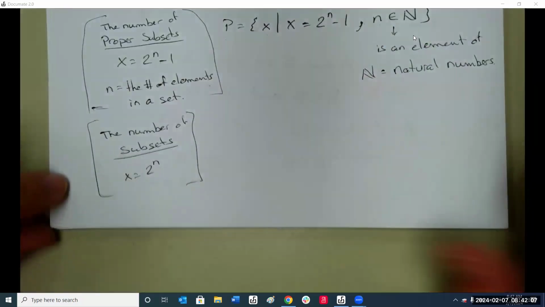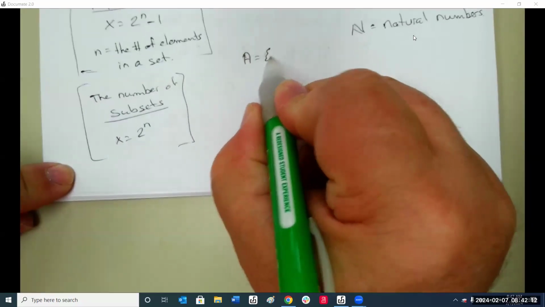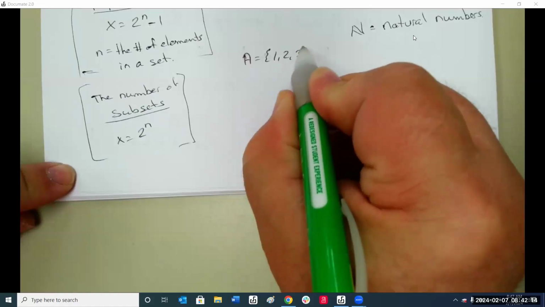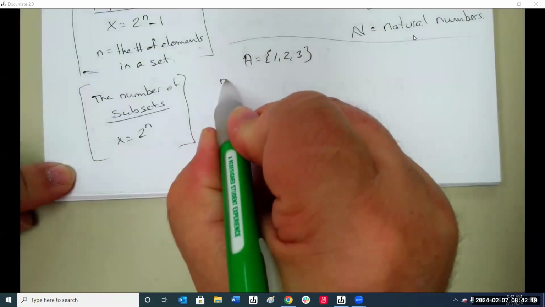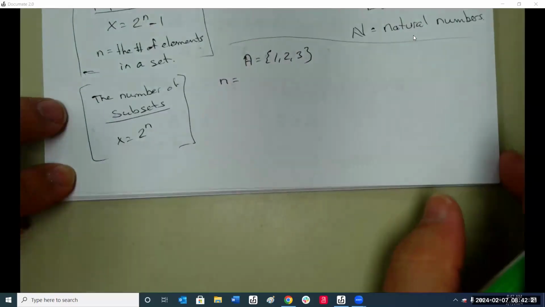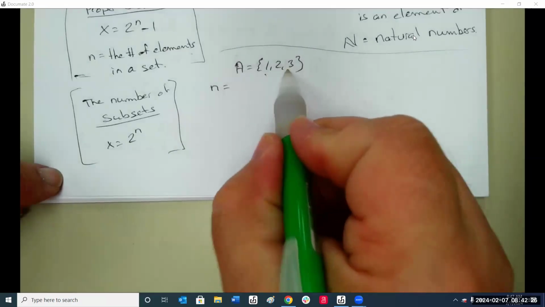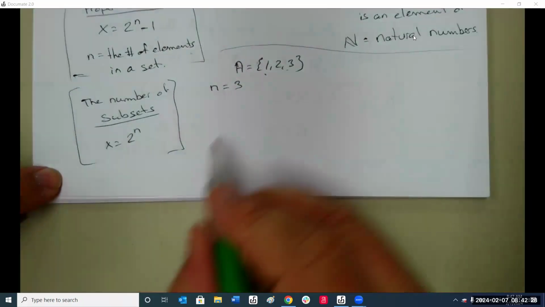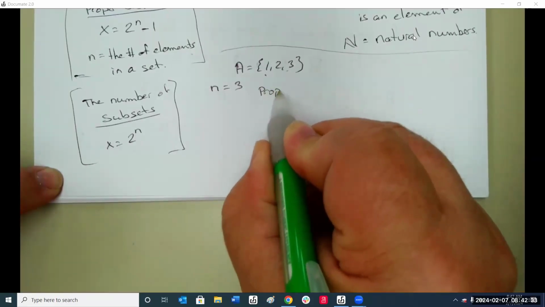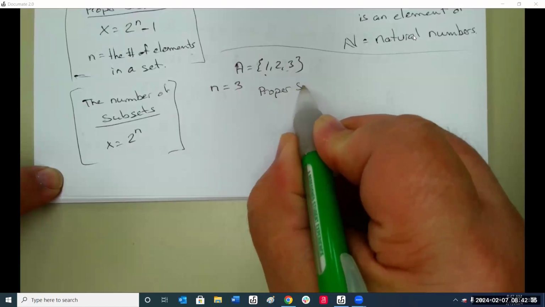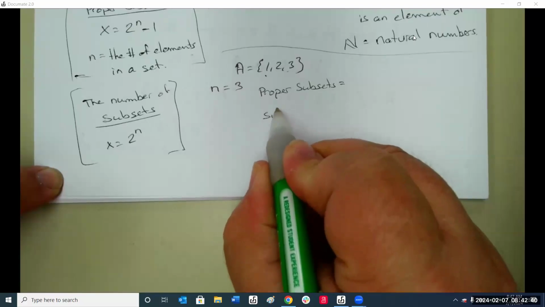We'll come back to here in a second. Let's just see what this means. So if we had set A, it's made up of 1, 2, 3. What is my n of that set? Yeah, because we have 3 elements. So the number of proper subsets and the number of subsets.